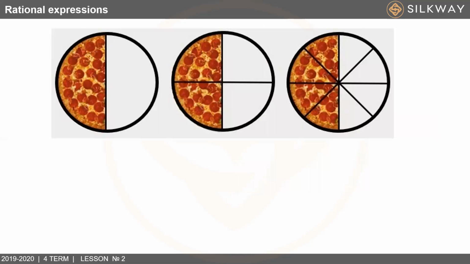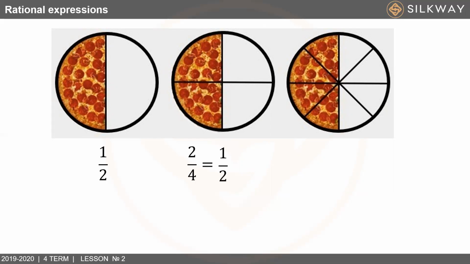As you see, all the pizzas have the same amount left. The first one is divided into 2 parts and only 1 over 2 of the first pizza is left. The second pizza was divided into 4 parts, only 2 of them left. If we cancel the common factors in the numerator and in the denominator, we'll get 1 over 2 as in the first pizza.